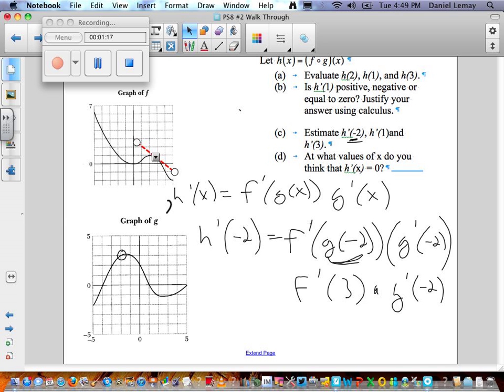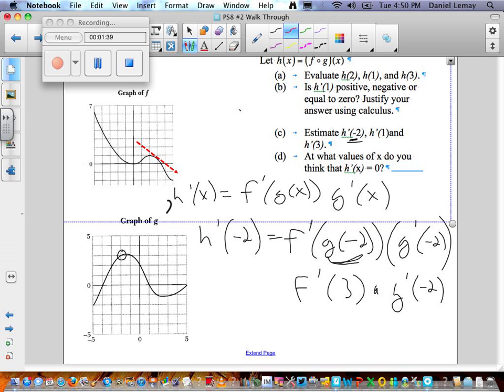I don't know. Maybe -1's close enough. How about -2/3? I like that. So -2/3 is that slope.